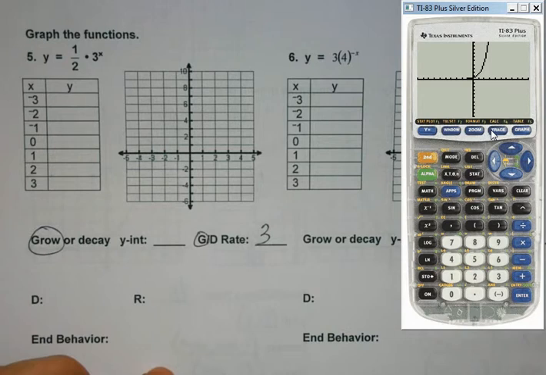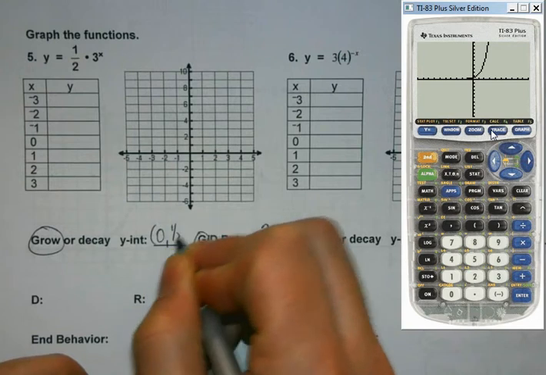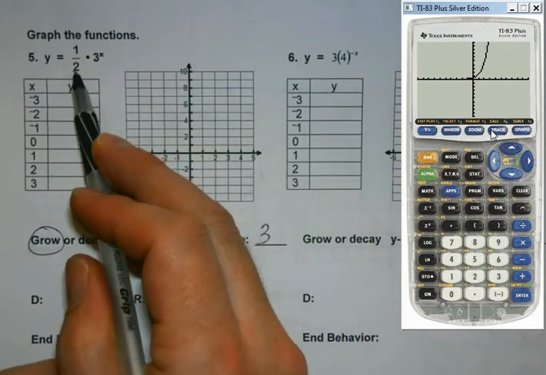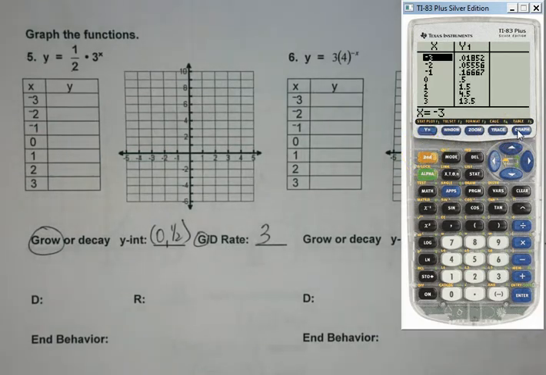What's my y-intercept going to be if you have to choose one? Okay, 0.5 or 1/2. Again, that a value helps me to see that. Because if I went straight to my table, there it is, 0.5.